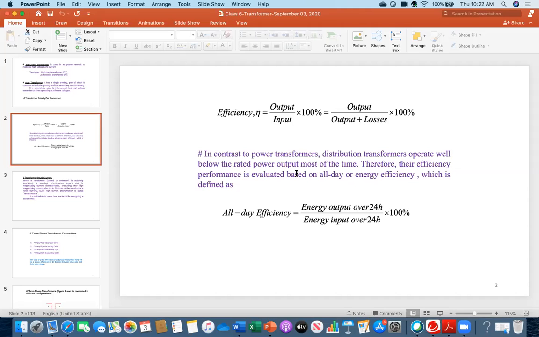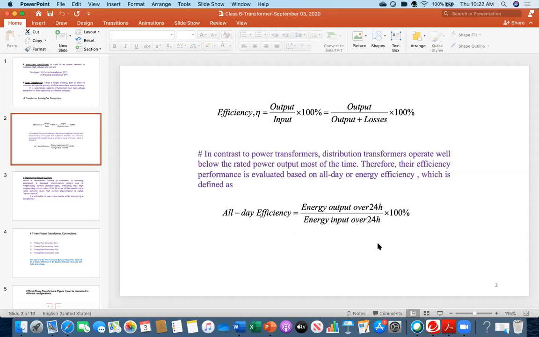That's why you cannot say what the actual output power is. You go in terms of the energy output. Energy means power multiplied by time. Then you calculate for 24 hours what your energy output and input were over the 24 hours. That's why it is called the all day efficiency. Now, why am I emphasizing this?